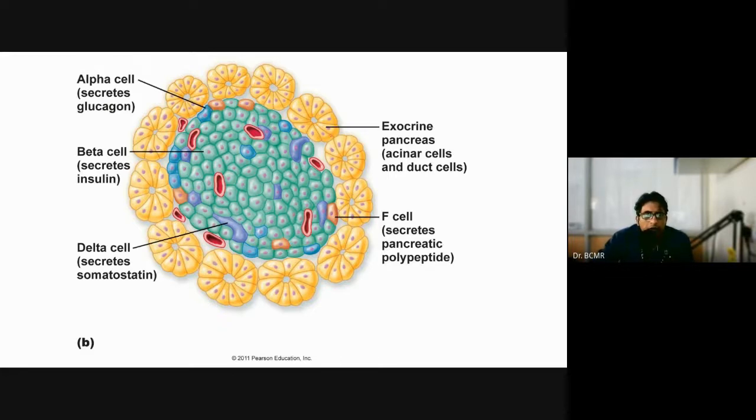If you see the pancreas, there are three or four different types of cells: alpha cells, beta cells, delta cells, and F cells, and also the exocrine pancreas. The beta cells produce insulin, alpha cells produce glucagon, and delta cells produce somatostatin. In type 1 diabetes, these beta cells are killed, because of which there is no insulin production.